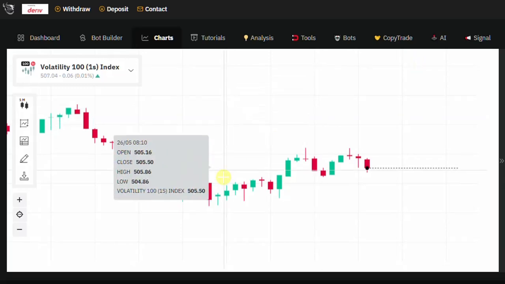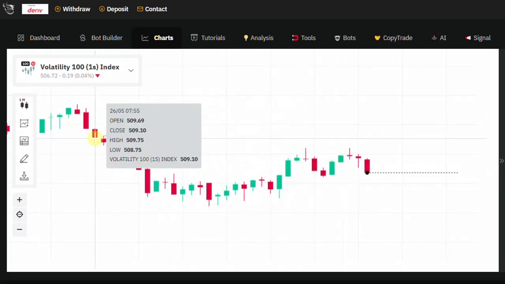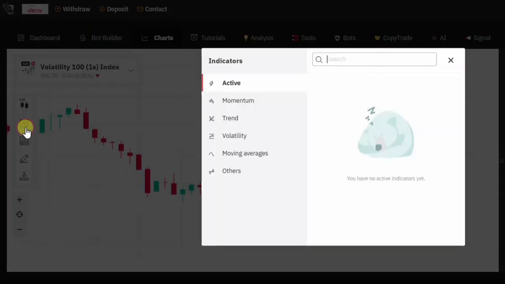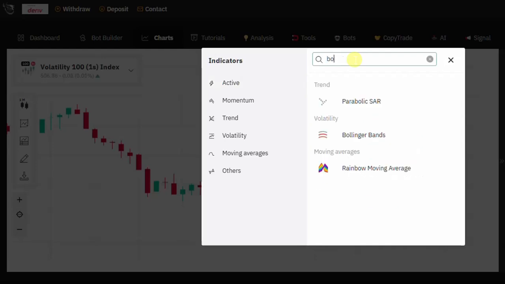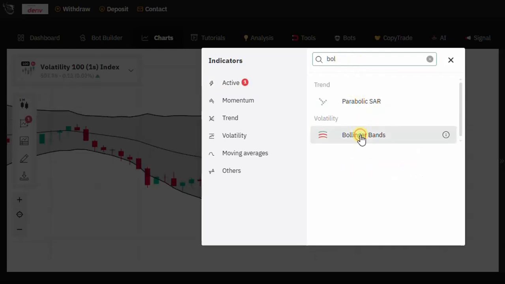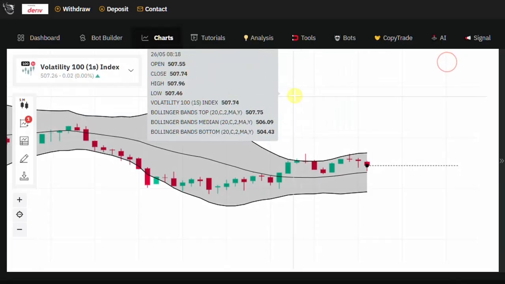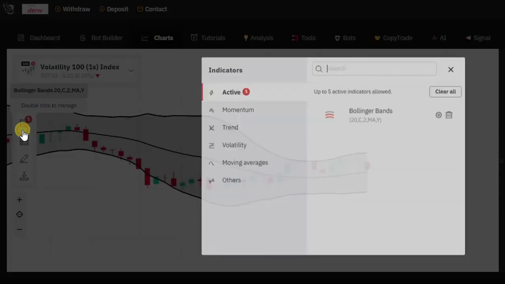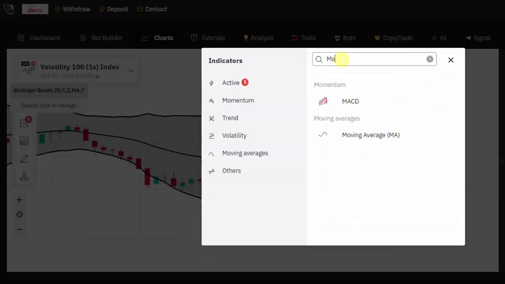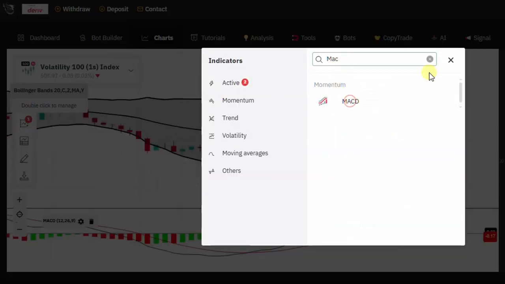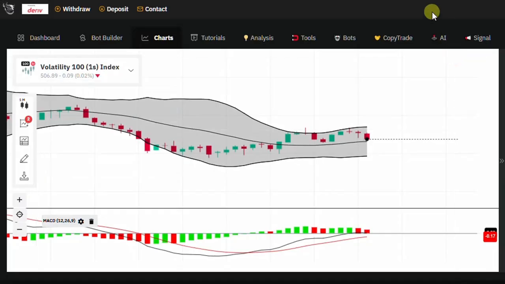So you have the candlesticks forming, and then come now to the indicators here, select Bollinger Bands, select the second indicator, the MACD, and then with those two indicators, you are able at least to know where the market is heading to.